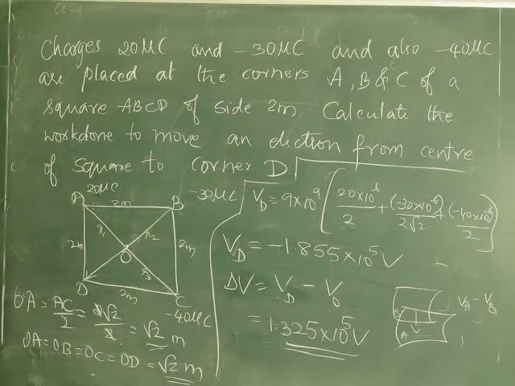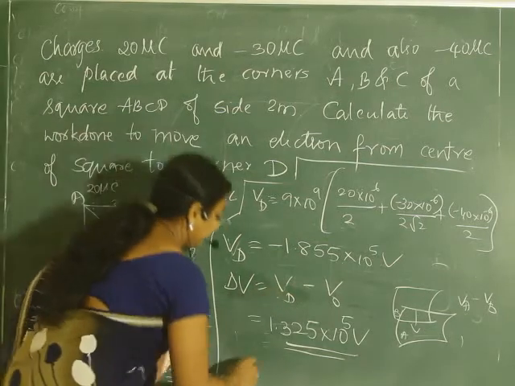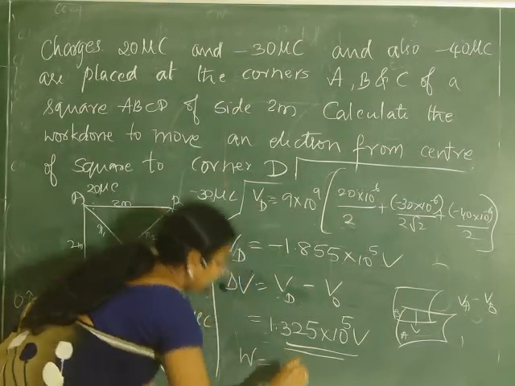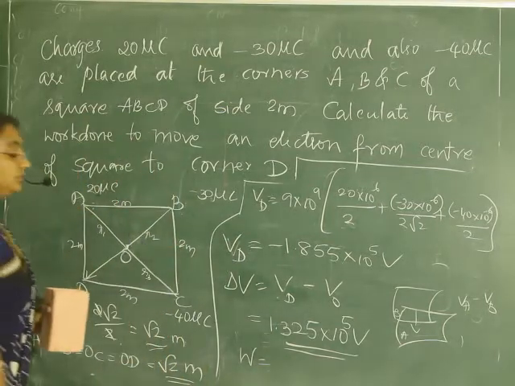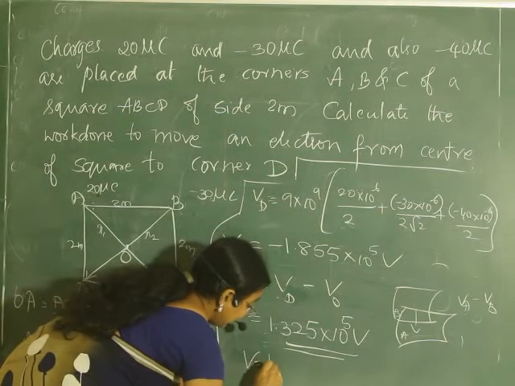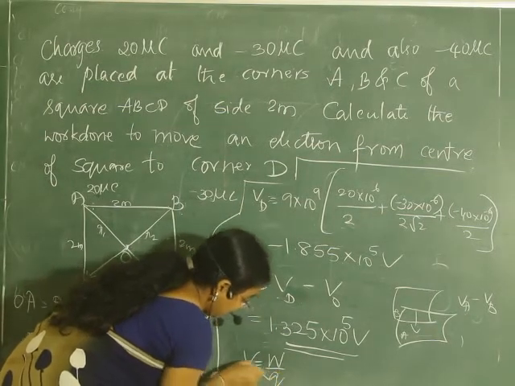That is potential. How to calculate work done? Is there any relation between work done and potential? We know that potential is nothing but work done per unit charge.